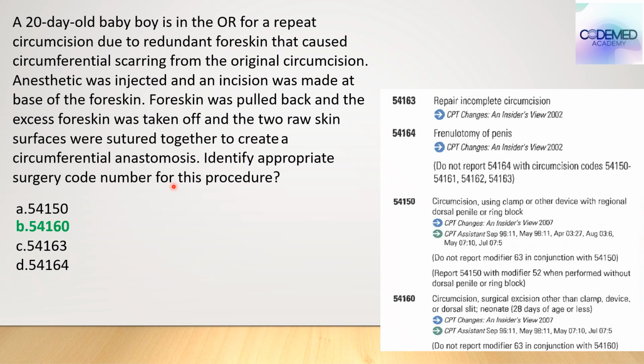So in short, it is surgical excision. Now this is a tricky question because many a time we feel it is a repair. It is not a repair, it is a second circumcision. And that's why we will go with the code 54160.